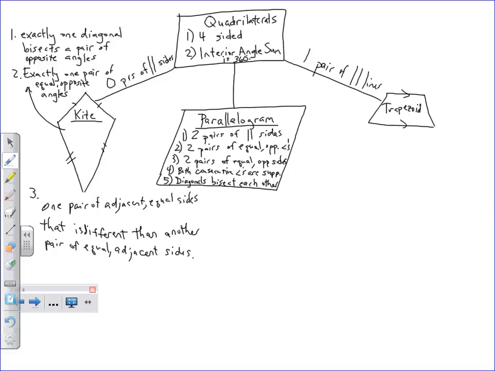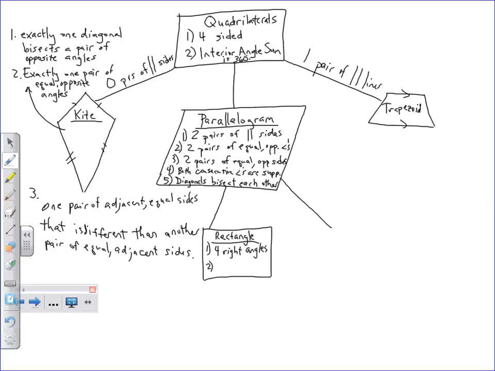And this can branch off into two groups. The first group is the rectangle. The rectangle's defining characteristic is that it has four right angles, or you prove that it's a parallelogram and then show that it has one right angle.